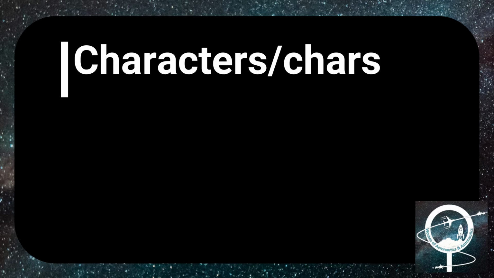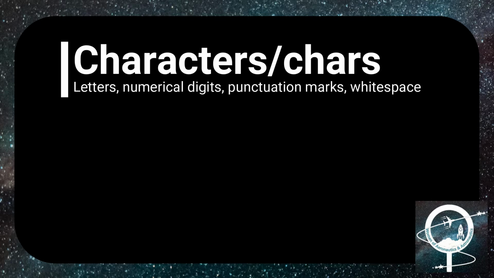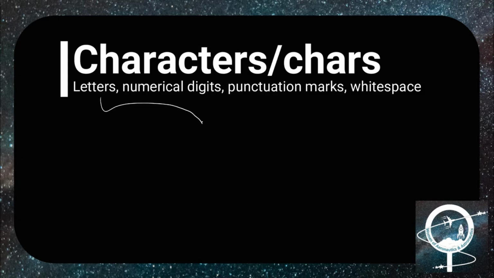Our next data type are characters, or chars, which come in the form of letters, numerical digits, common punctuation marks, and white space. Unlike the high-level languages humans use, like English, the only language computers can understand are binary numbers, or ones and zeros. So how are these chars, or characters, defined in our computers?